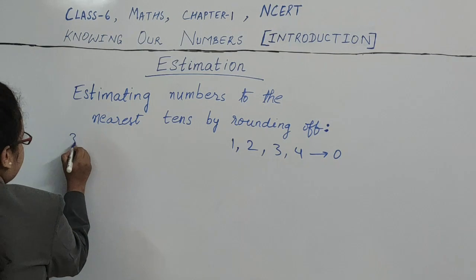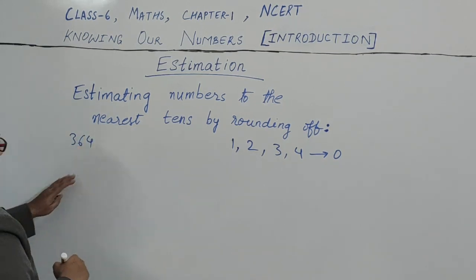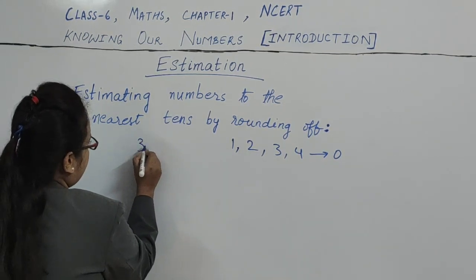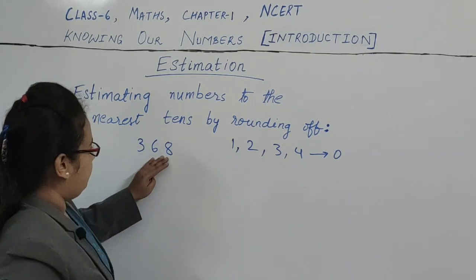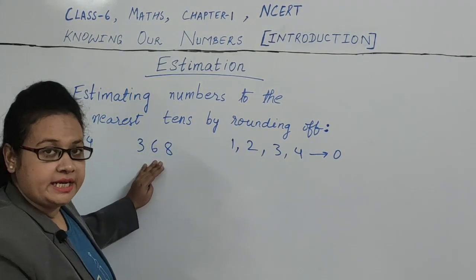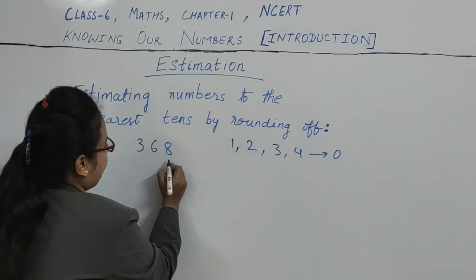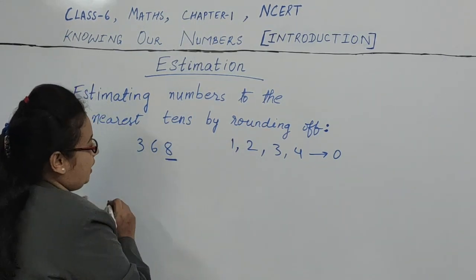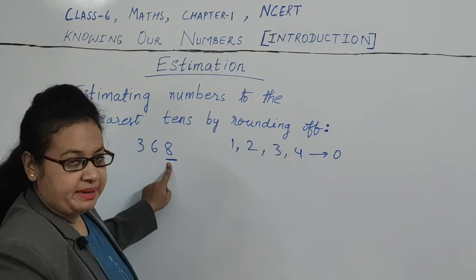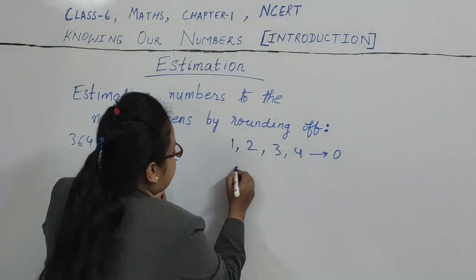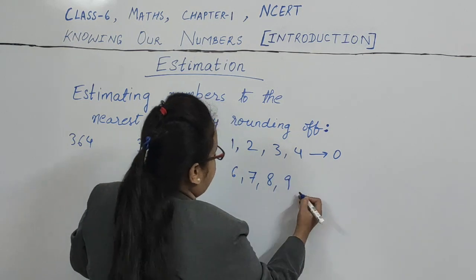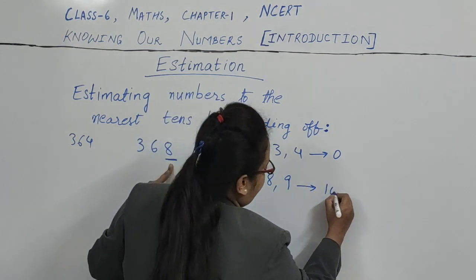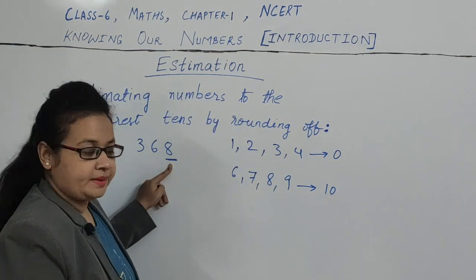Just now we took 364, right? Now if we take 368, and we have to round this off to the nearest tens, what we will do is look at the digit at the ones place. When the digit at the ones place is 6, 7, 8, 9, then it is rounded off to 10.